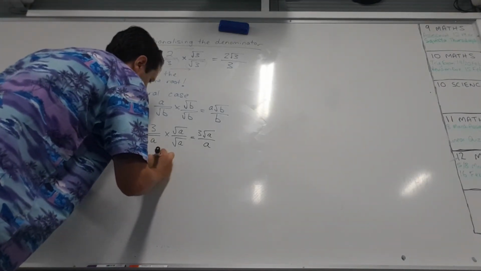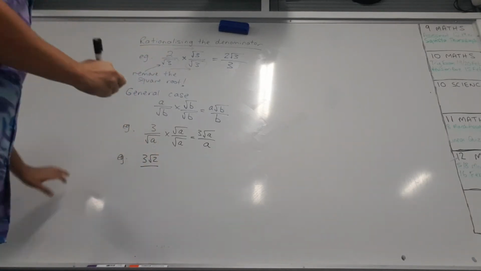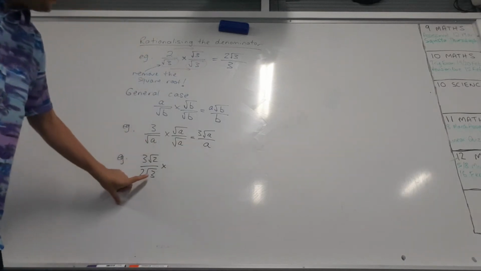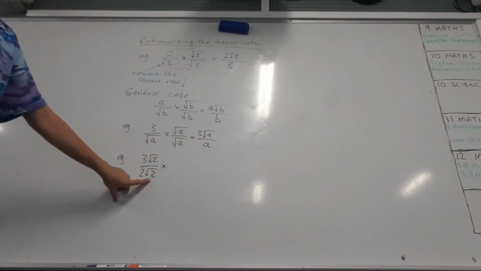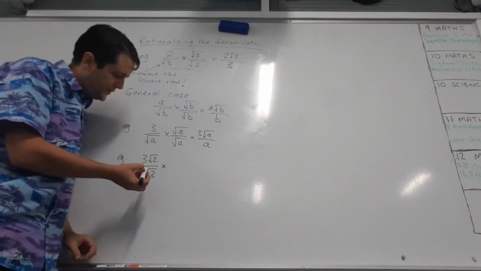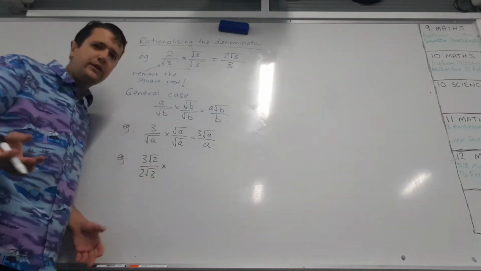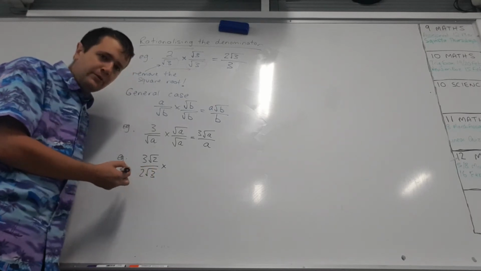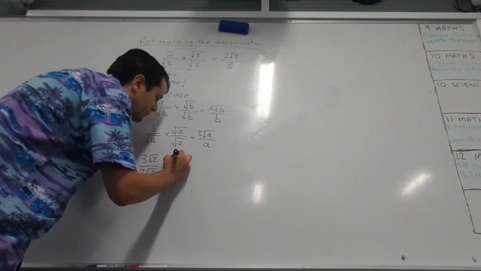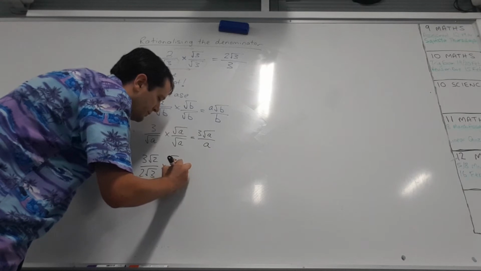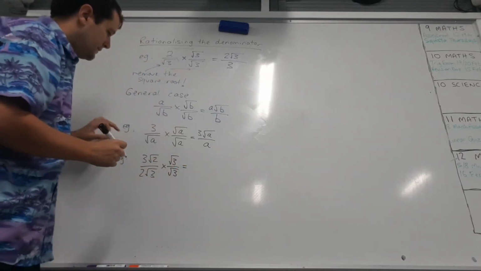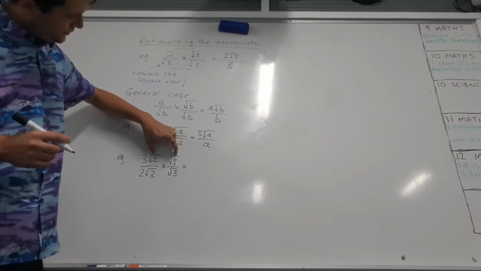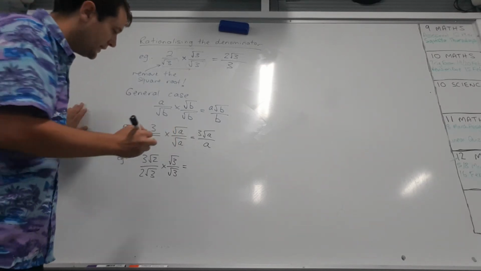3 root 2 over 2 root 3. That looks like fun. Again, often you would have been taught this as surds. Essentially where square roots are involved, they're called surds. Anyway, to get rid of the root 3 on the bottom, again, we'd multiply everything by root 3 on the top and the bottom. Remember, if you've got a square root times another square root, you can actually multiply them together.